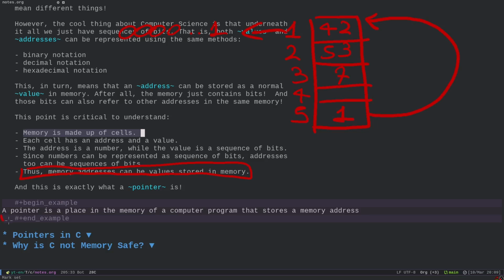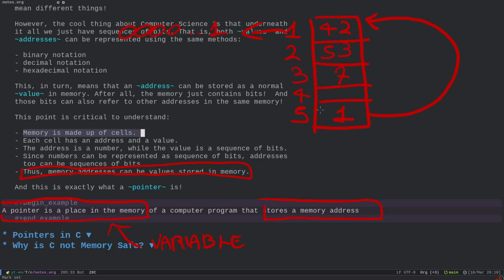A pointer is a place in memory, a so-called variable. It can be in the local memory, it can be a global variable, it can be whatever. It's just a slot or a sequence of slots that stores a memory address. Of course, in this case, I just put 1 in a single cell.